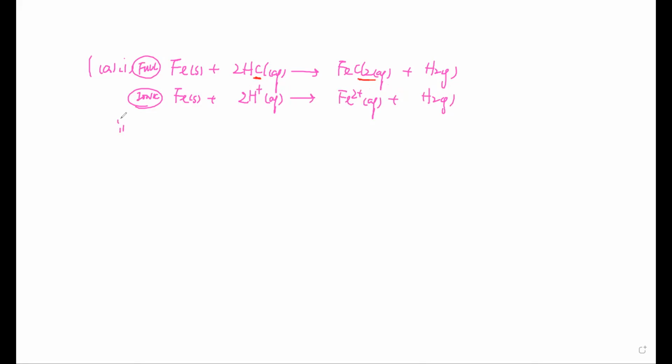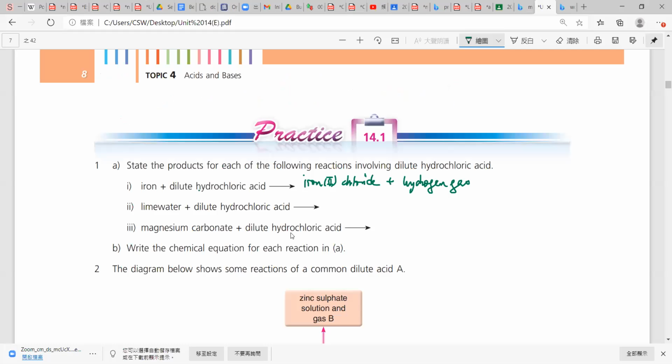Now you try to do part B, number 2 and number 3. Lime water plus dilute hydrochloric acid to form what? How do you know what lime water is? It's so strange to write it in the chemical equation like this, right? Instead, I would write it as calcium hydroxide solution.